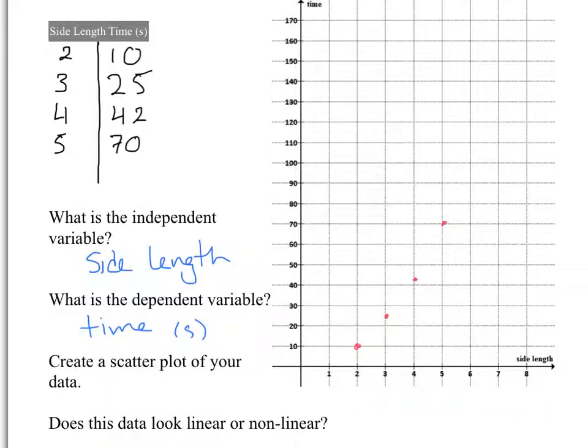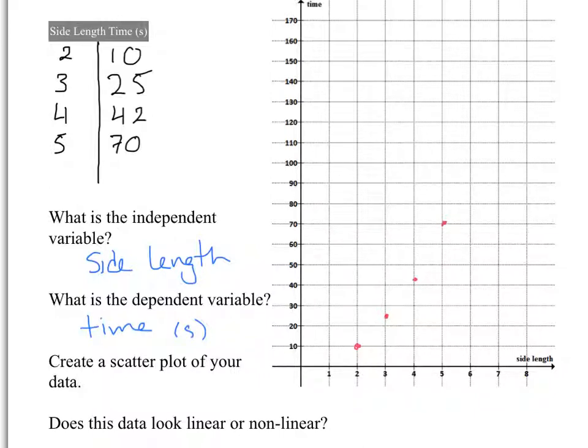Once I've created a scatter plot, it's always good to make a line of best fit. When we have a line of best fit, we're able to extrapolate based on the data we have. I don't really know how long it would take me to build a side length of 1 and 0, because I can't really do that.